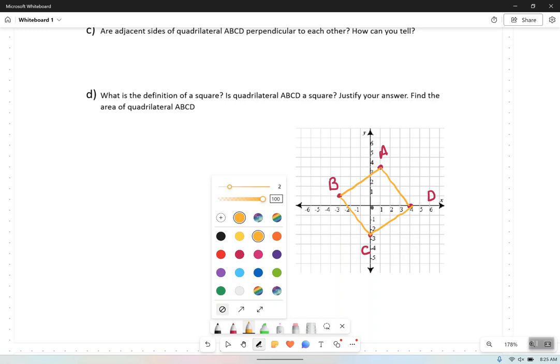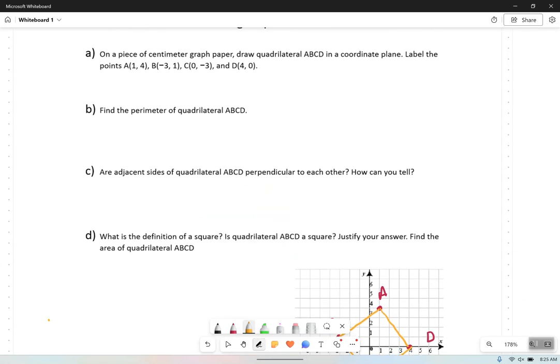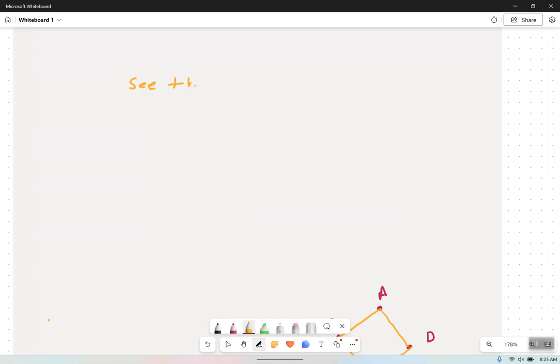Okay. So when you've got those points plotted, I think the best thing to do here, kids, is this. It says on a piece of paper, label the points. Okay. Guys, on part A, is it okay if I write see the graph below? Is that okay for that?